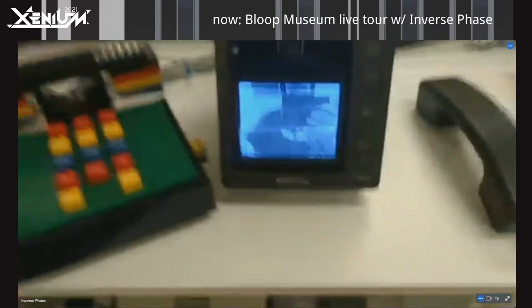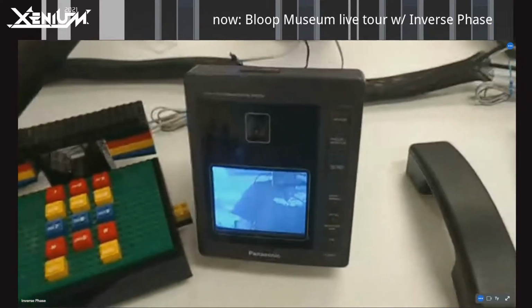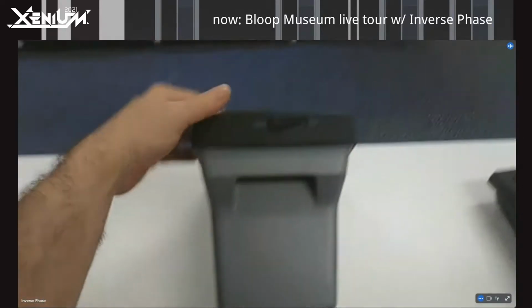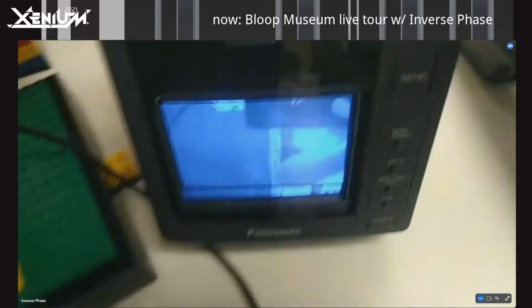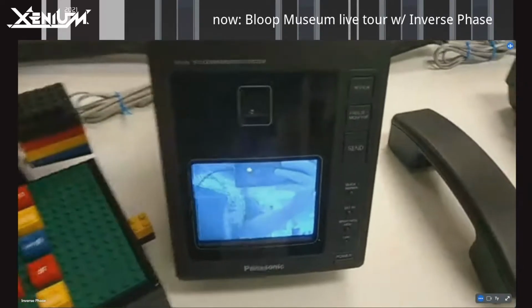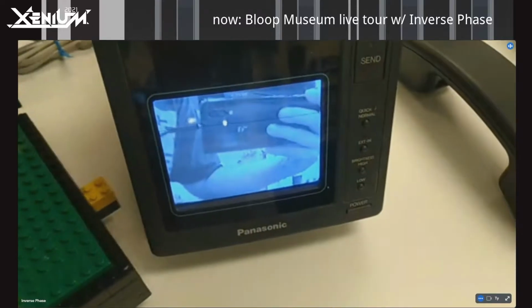Hey! But we can do something interesting. Right here we have some buttons on the phone. Freeze, monitor, send, quick, normal. So let's see how fast we can get an image from the other phone to this phone.